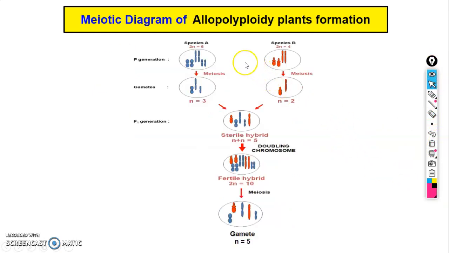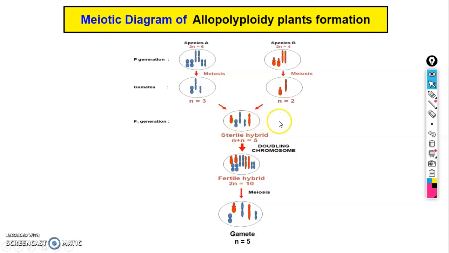The diagram shows species A 2n equal to 6, species B 2n equal to 4. After meiosis without non-disjunction, normal gametes n equal to 3 and n equal to 2. When we join the diagram, we can see that there is no homologous chromosome.